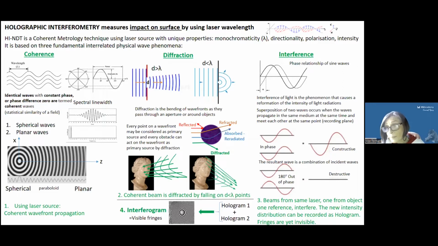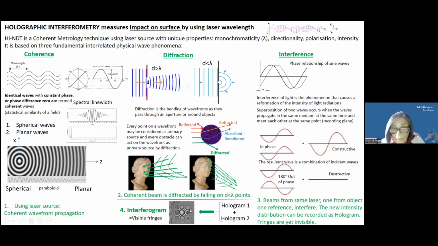Each hologram does not give us visible fringes, so we need more than one hologram to get visible fringes. The so-called interferogram, as the one that you see here, is a visible image.